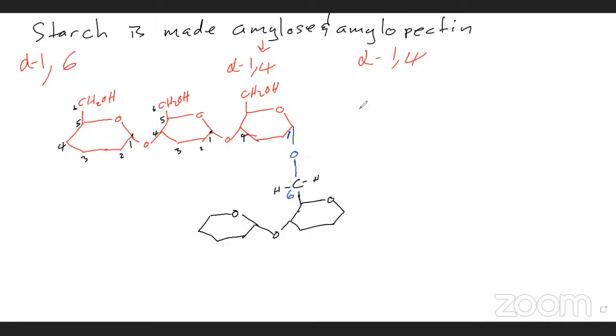All right. So you have amylose, and you have amylopectin. But because of the branching now, that is where the 1,6 comes into play. All right. So in starch, you have 1,4 and 1,6.